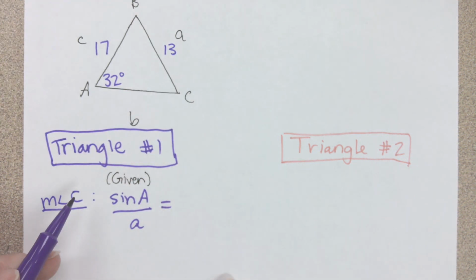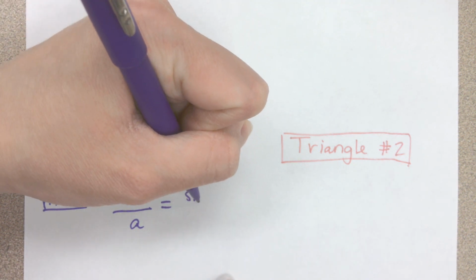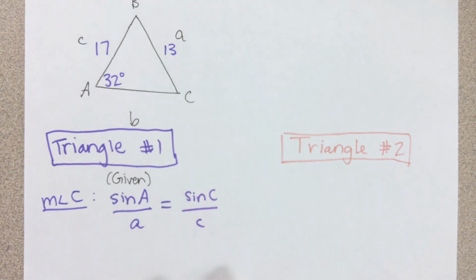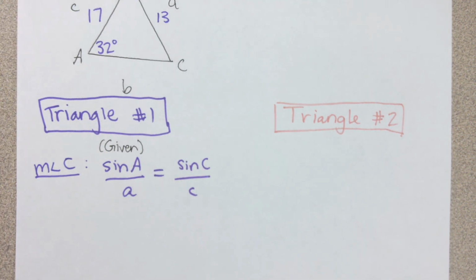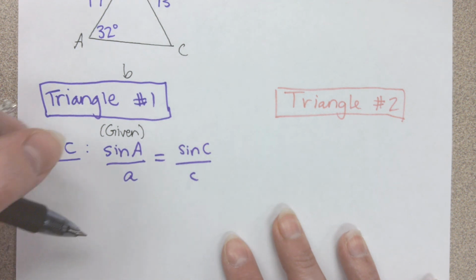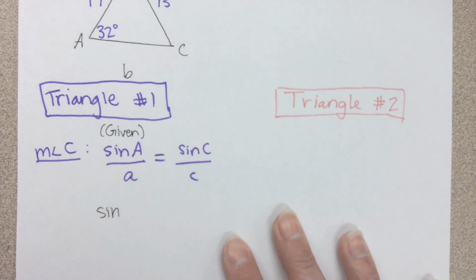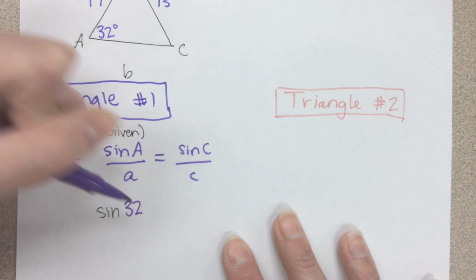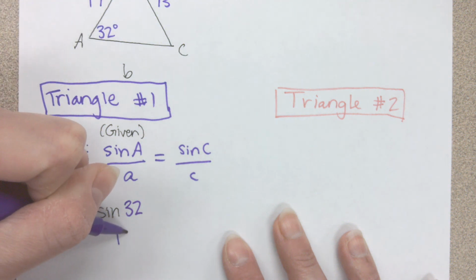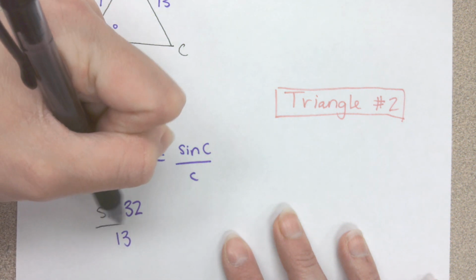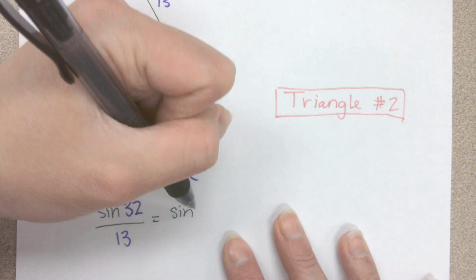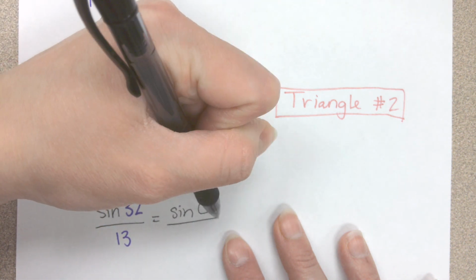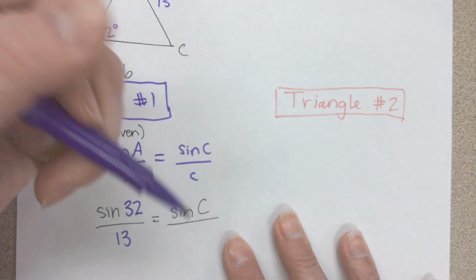Equals, I'm looking for a C, so I need to use the C's, sine of C over C. Filling in, we have sine of angle A is 32 degrees, and side A on the bottom is 13, equals sine of C, and we don't know angle C, so that will stay, over side C is 17.